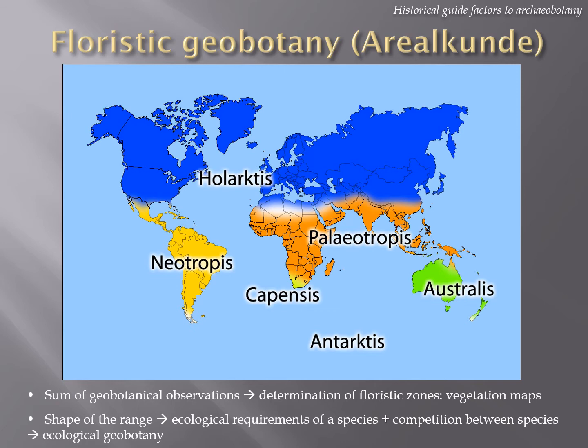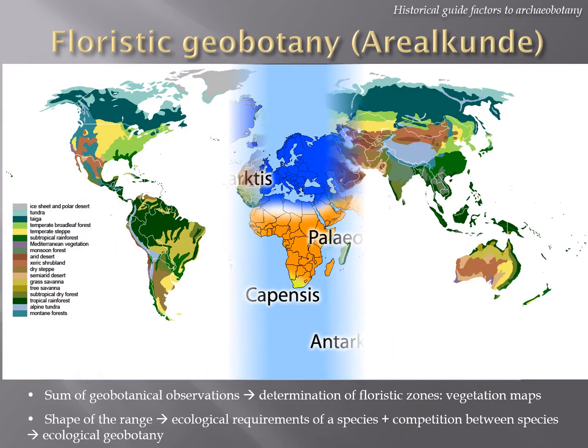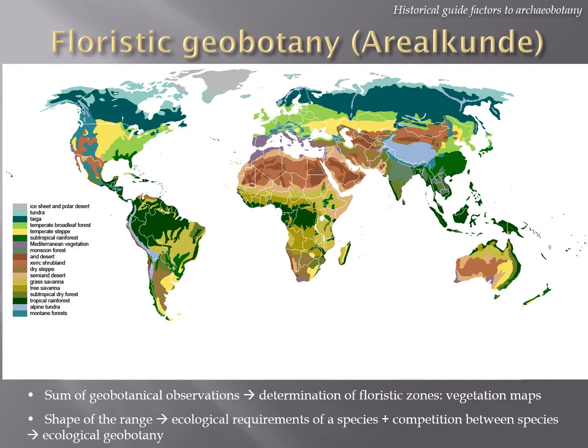Narrowing down the geographic regions provides a more detailed patterning and represents what is commonly known as a vegetation map. The shape of a range generally informs about the requirements of a species. However, the relation between climate and the border of ranges is not strictly causal, because competition between species also plays a role. These aspects contribute to the subdiscipline of ecological geobotany.